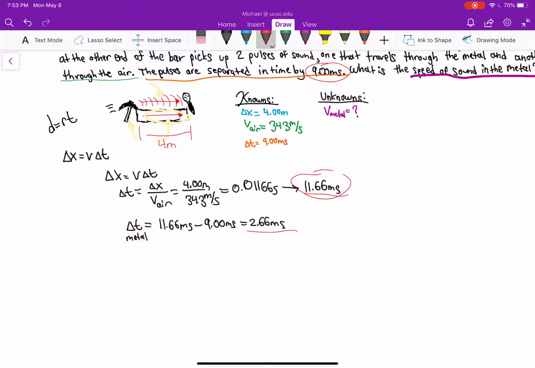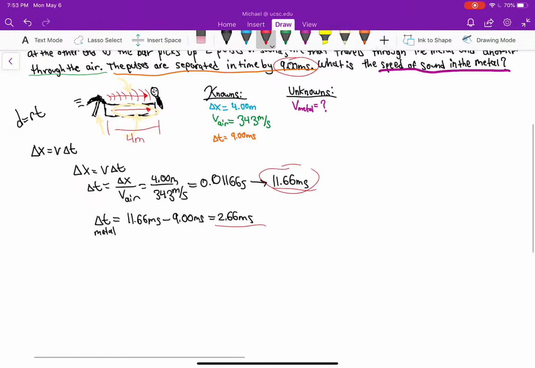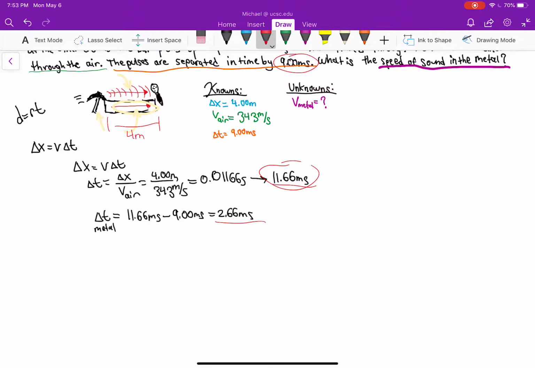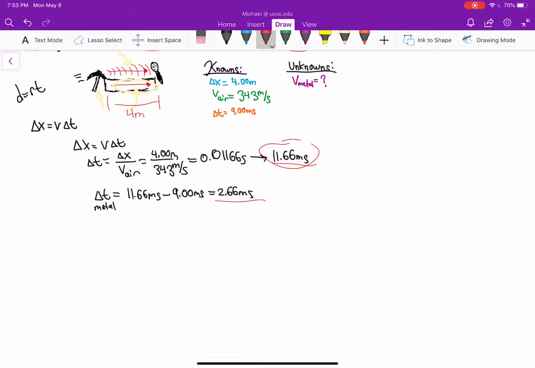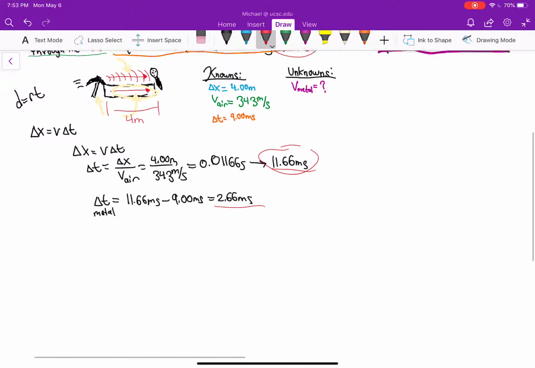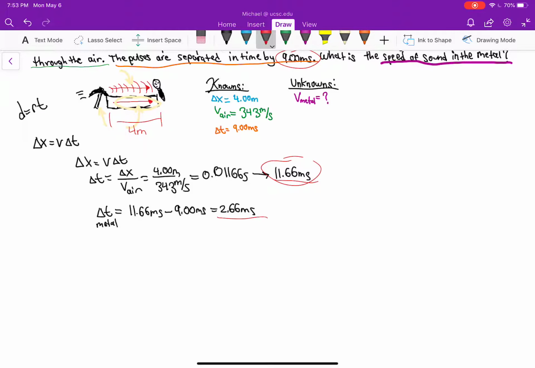And here we have the time it took for the sound to reach 4 meters through the metal this time. So now we can find the speed of that sound, since we have the time and the length.